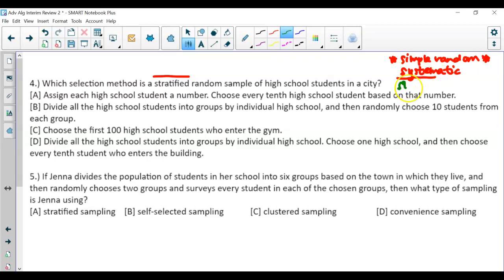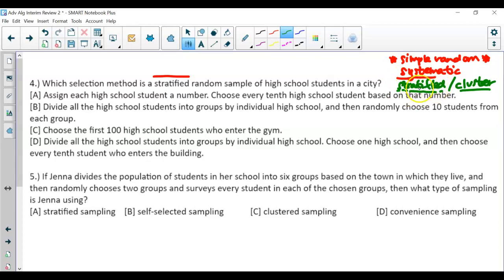Then there was the stratified, but then also cluster. For stratified and cluster, you divide into groups. Like the high school, you could divide into grade levels. So you're dividing into groups. The difference is that with cluster, from the groups, you only survey all of the 10th grade students, versus stratified, where you survey 100 students from each of the grade levels.